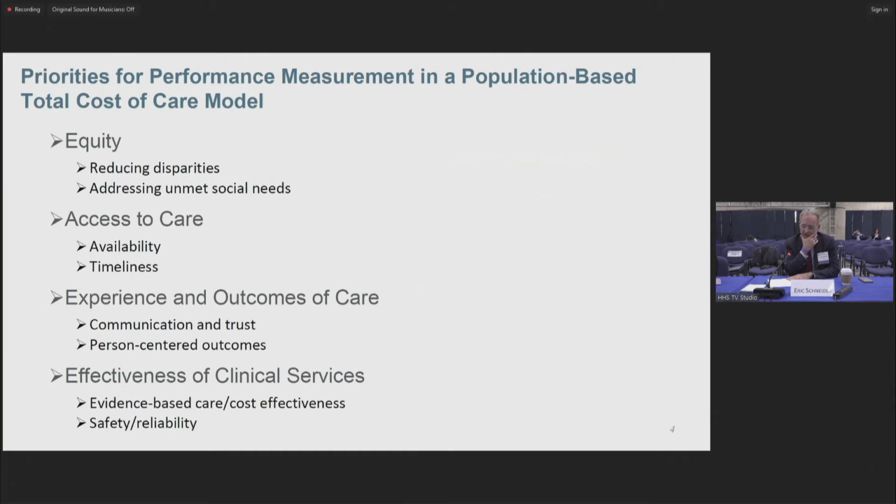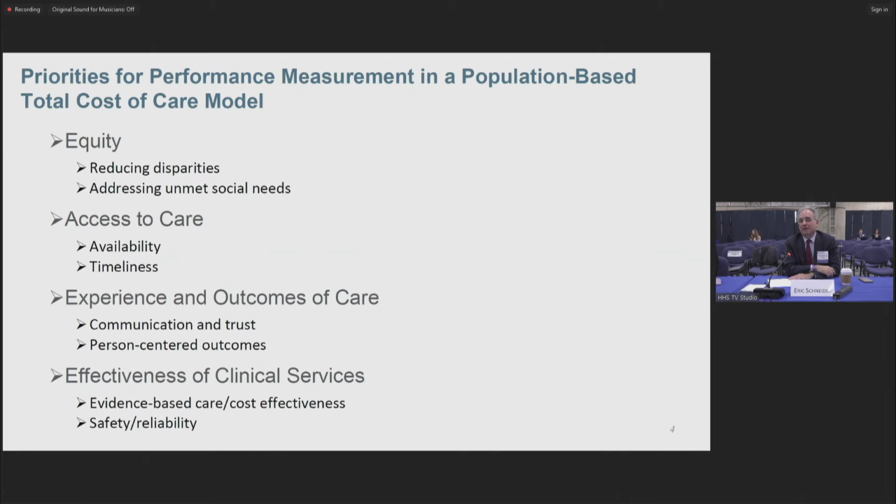So if we go to the next slide. As I thought about that perspective, I thought, what are the most important things that differentiate a population-based total cost of care model from any other approach that one might design in performance measurement? And these are pretty much in priority order. If we really want to improve health outcomes, equity probably has to be the first consideration. I know in the model it's there, but it's one of the attributes of quality.